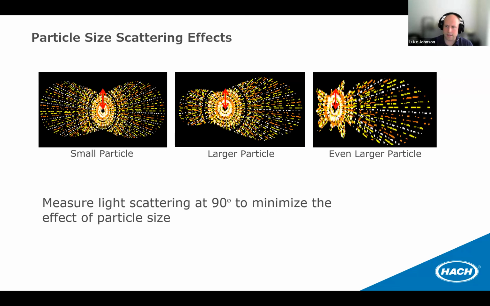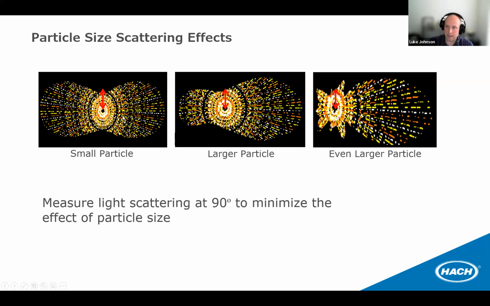And what we have here is a diagram of the reflection pattern of various sizes of particles. The incident beam in all of these is coming in from the left-hand side, and then light is being scattered relative to that incident beam in various ways. So the first box we have here is the small particle.